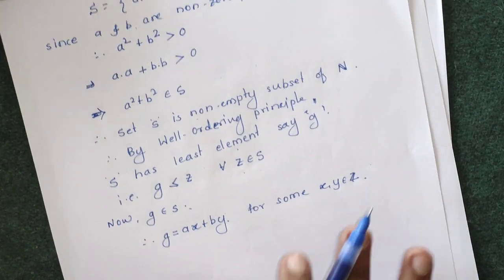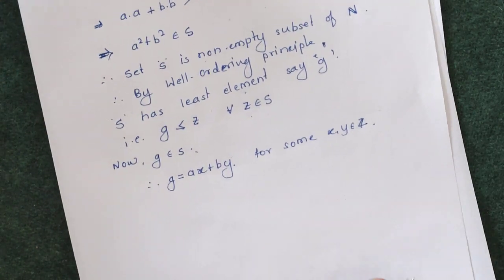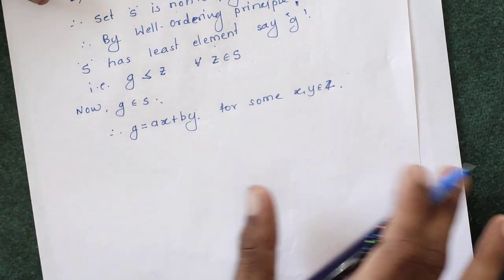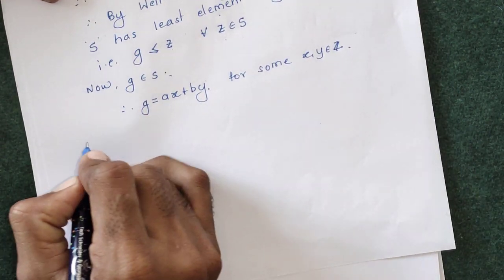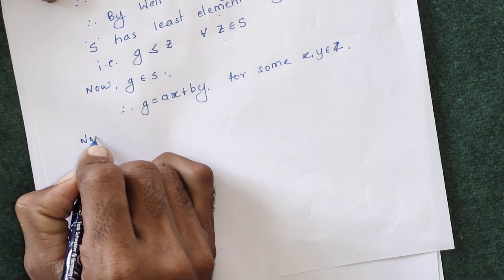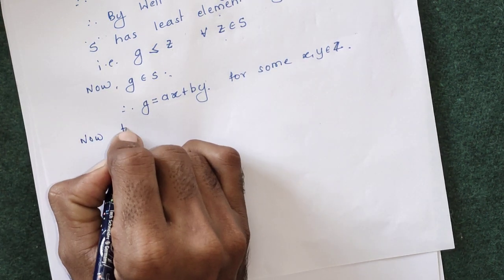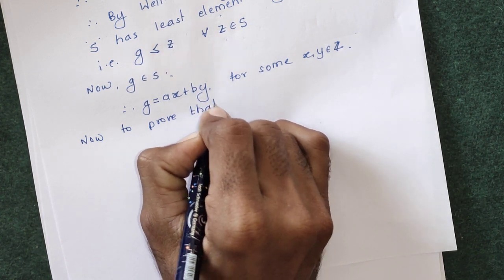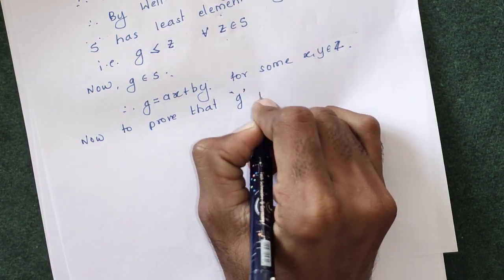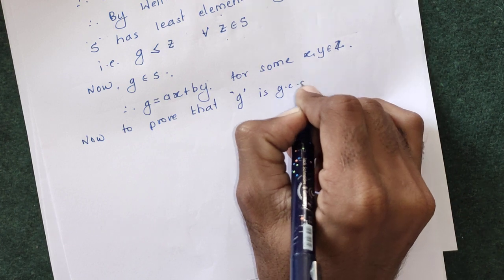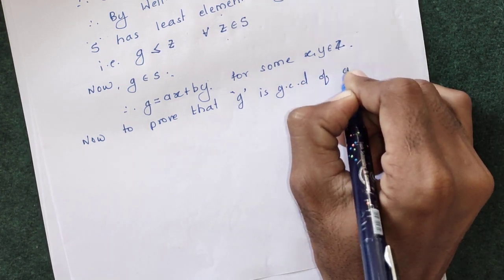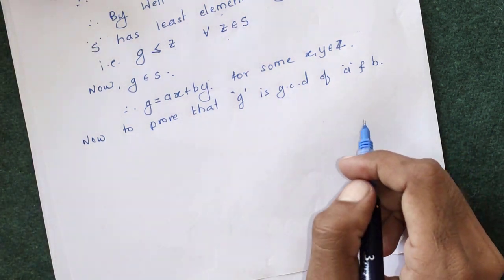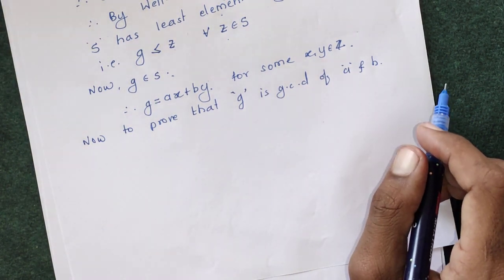Now to prove that G is the GCD of a and b. By the definition of GCD, we have two conditions.